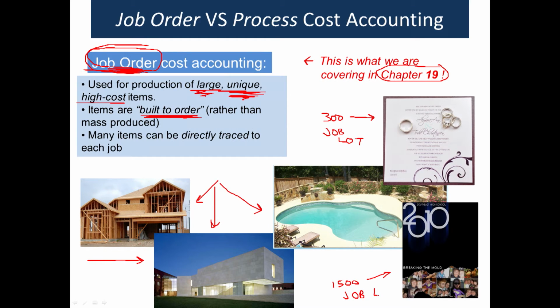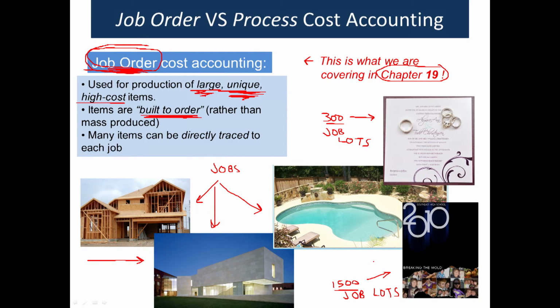Now, you don't produce millions, but you might produce 300 of them or 1,500 of them. Okay? Now, these items down here, these are called just jobs. So these are job lots, and those are jobs. Make sense?